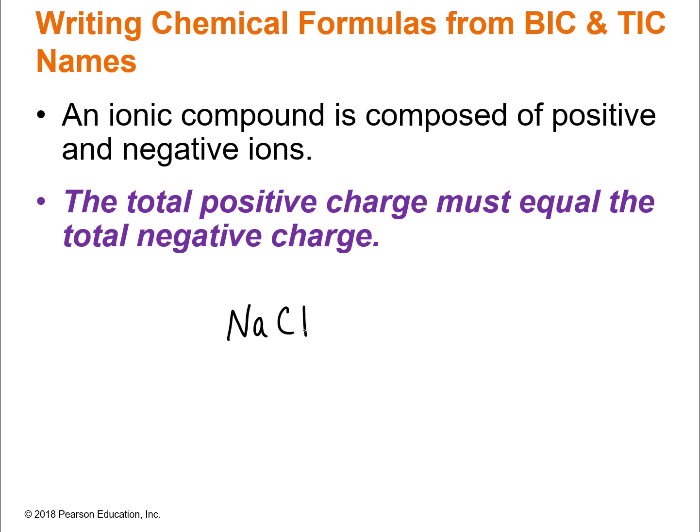Let's say we had some good old table salt. Salt is made of sodium and chlorine. Sodium is a group 1A metal. That means that its charge is going to be +1.